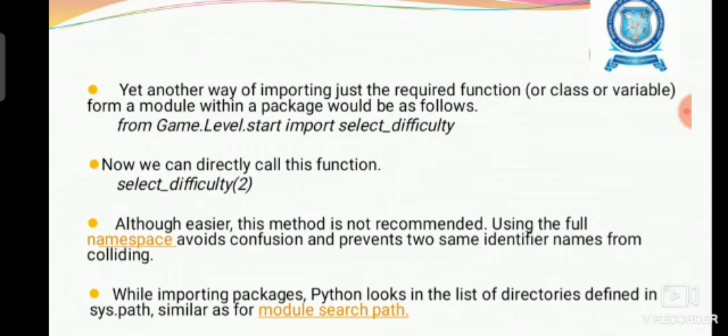Here we have imported the specific method select difficulty from the module start that is present in the sub directory level, which is present in the main directory game. After adding this import statement for the specific method in our program, wherever necessary, we can directly call the method select difficulty.